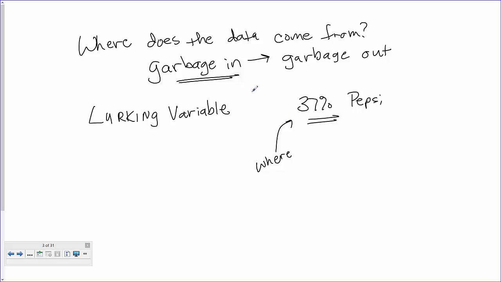So it could be your age. Maybe Pepsi wasn't around when you were a kid, and so that affects your decision on that. Now, that doesn't mean that these things cause this to be a bad survey, but it is something that affects it, perhaps you being male or female. That's going to affect what that 37% is. So we need to really start to understand what can make data change as we seek to evaluate data.